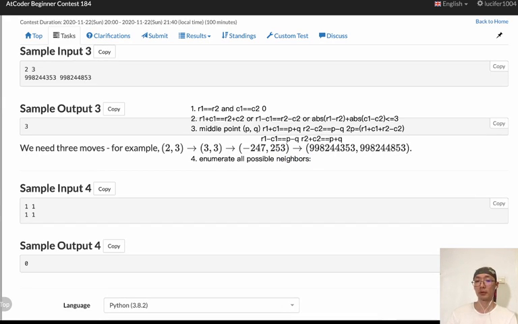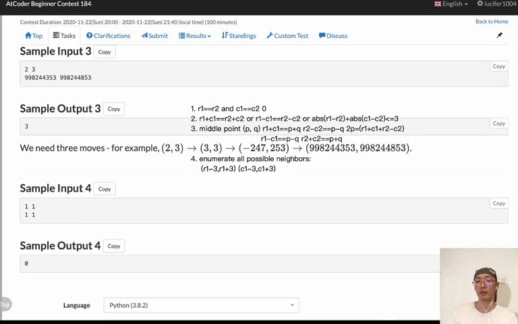That is, we will enumerate from R1 minus 3 to R1 plus 3, and C1 minus 3 to C1 plus 3. We will enumerate all these points, and of course there are some invalid points whose distance from (R1, C1) is larger than 3, and we will exclude them.